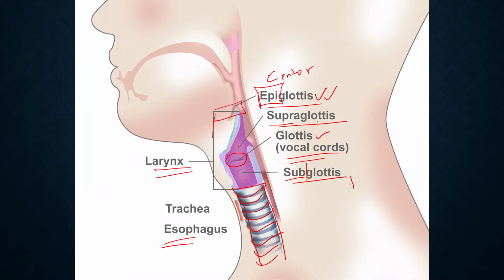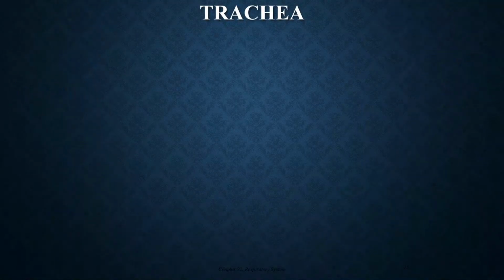So I believe that is clear up to that end. So that is all about the upper respiratory anatomy. That's anatomy. We've not talked about the physiology of the upper respiratory system. Are there any questions so far?